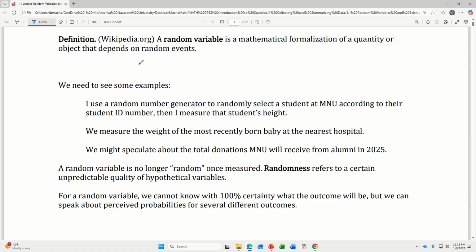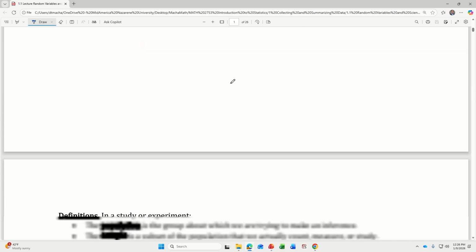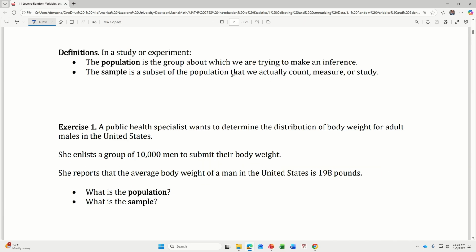We don't know, but probably it'll be between like 1 million and 20 million. So less likely that it'll be less than 1 million and less likely that it'll be more than 20. But we can make statements about probabilities. We just don't know the exact value. Okay, that's a random variable.